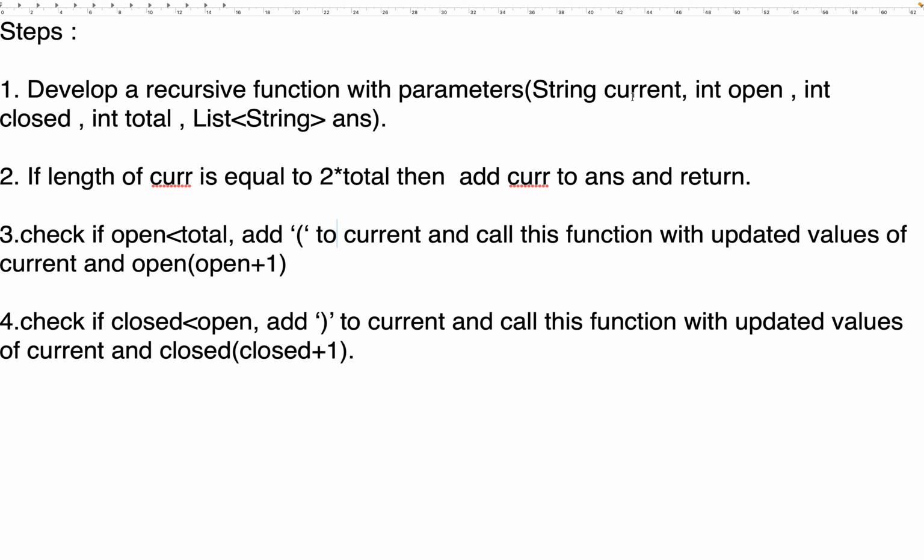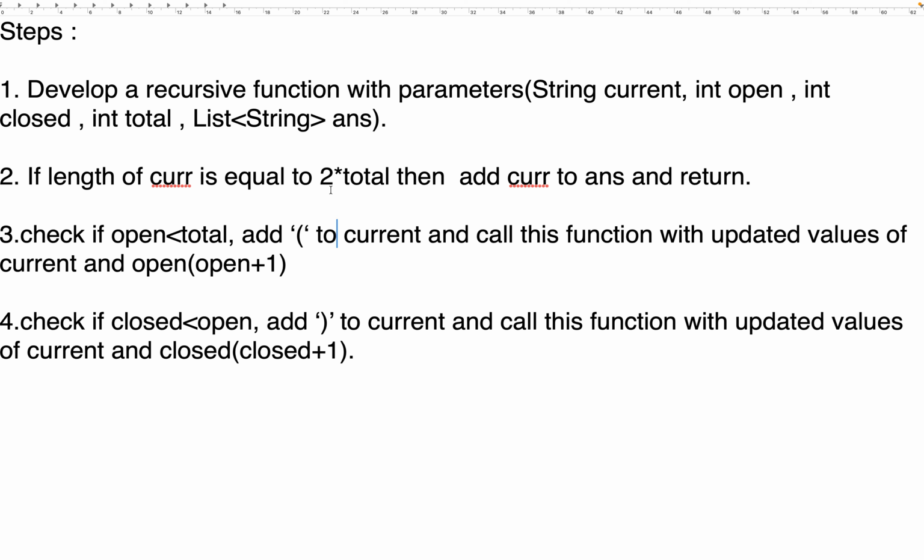We will check whether current dot length, the string length, equals 2 into total, meaning 2 into n, where n is the number of pairs. Suppose n was 3, so 2 into 3 is 6. Basically we make it even: if 3 open and 3 close were there, the length of the current string will be 6 only. So 6 equals 6.